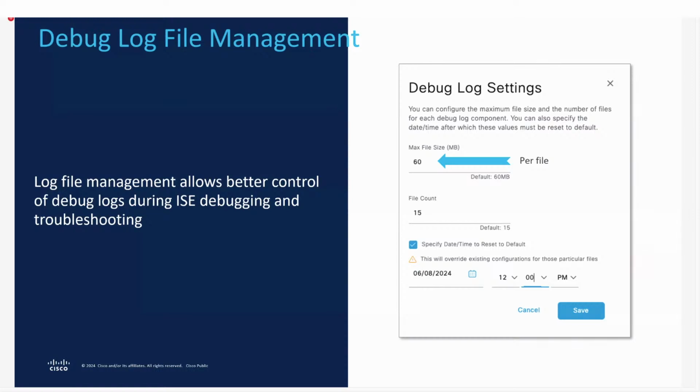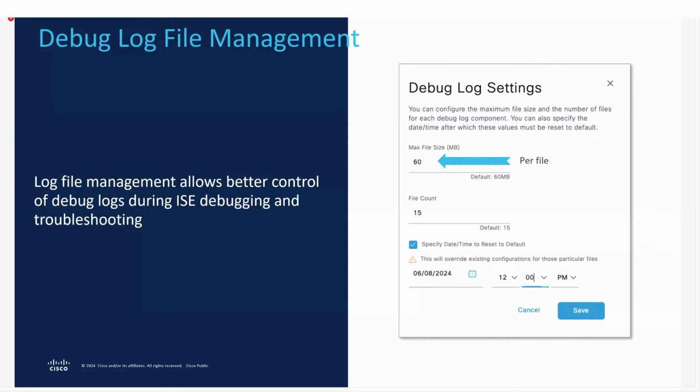You can add more file counts to it. So once you hit that size, it's going to create a new file. So if you want to have 15 files of 60 megabytes per, then you can do that. You can do 120 megabytes per and 25 files. So this is expandable to however you want it.